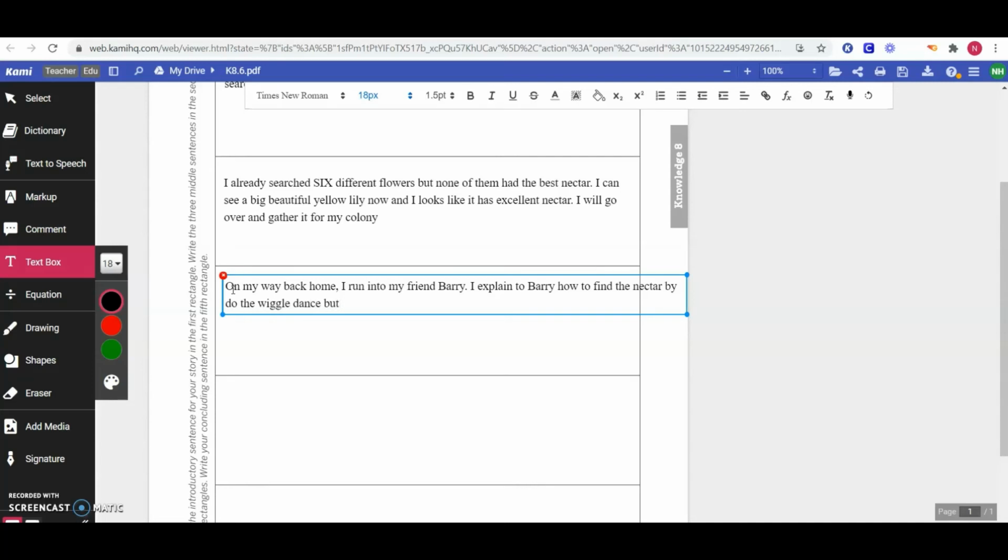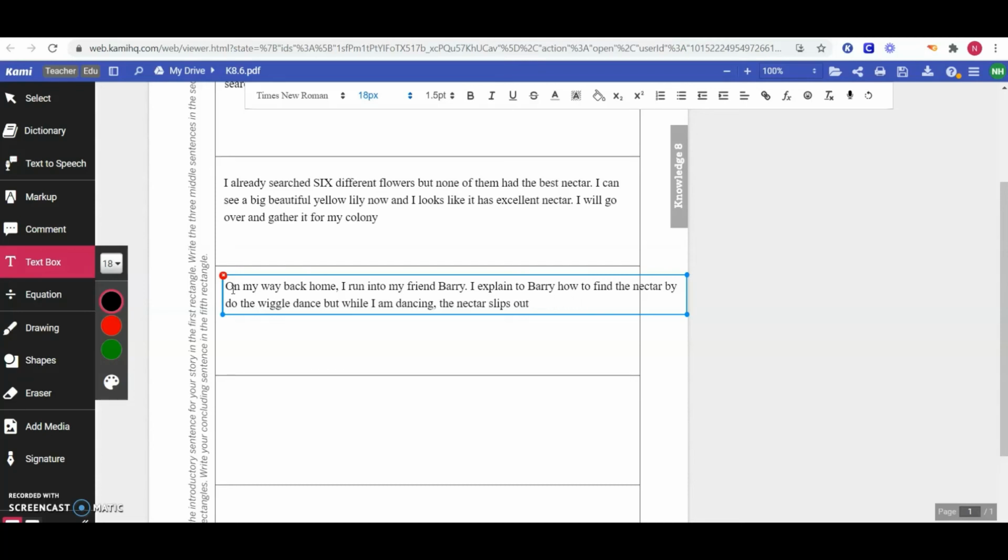But while I am dancing, the nectar slips out of my grip.